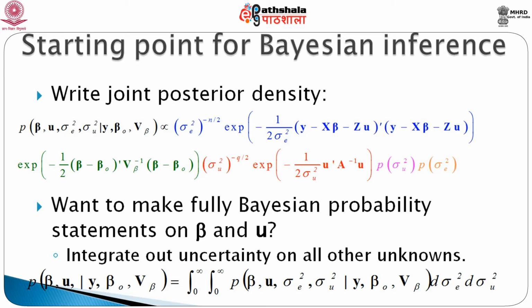How do I do that? Integrate out uncertainty on all other unknowns. The unknowns are here because we have assumed a second stage prior for sigma_u squared and sigma_e squared. So we integrate over those to get ultimately the joint posterior density of beta and u given beta naught, V_beta and data.